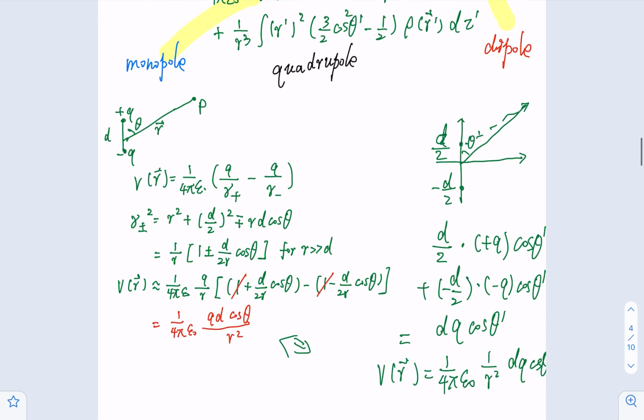And now if we sum them together, it's d q cosine theta', and then the V(r) is simply d q cosine theta' times 1 over r squared and 1 over 4 pi epsilon naught. The two actually agree with each other.